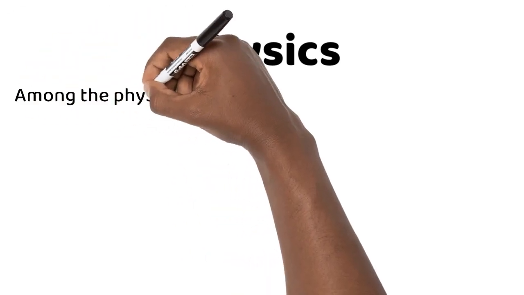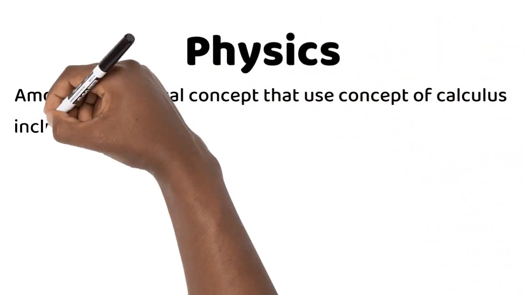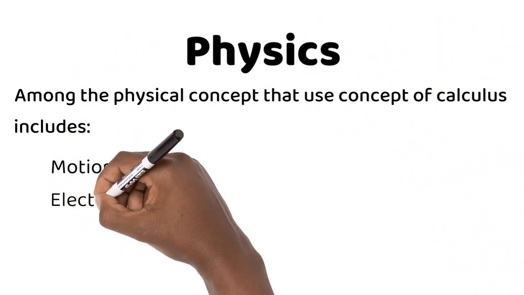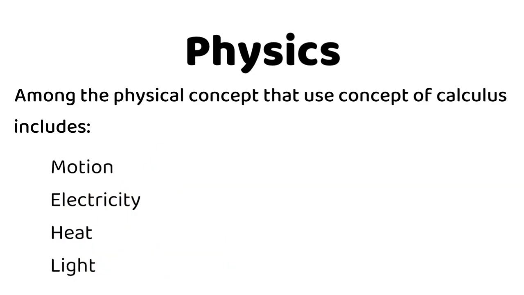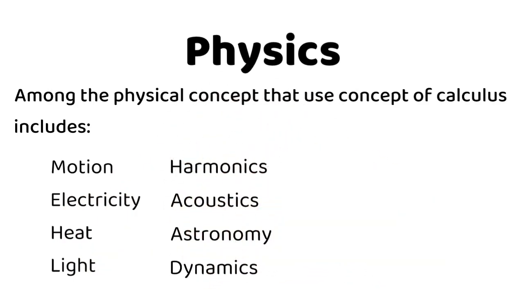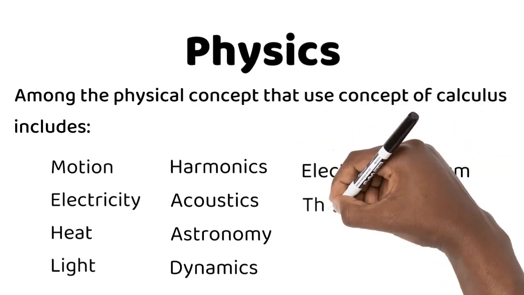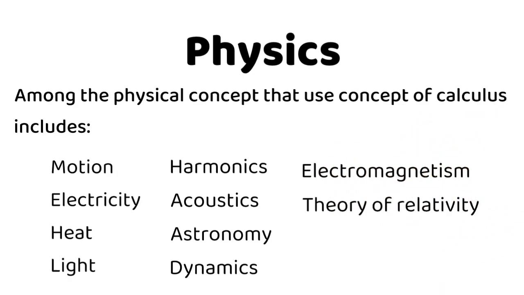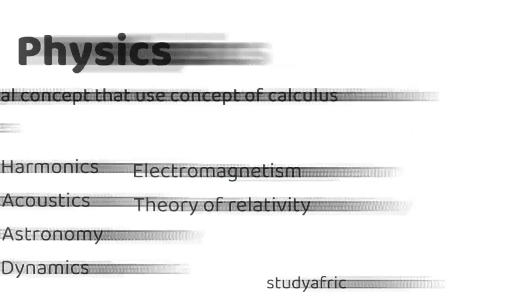Among the physical concepts that use calculus are motion, electricity, heat, light, harmonics, acoustics, astronomy, and dynamics. In fact, even advanced physics concepts including electromagnetism and Einstein's theory of relativity use calculus.